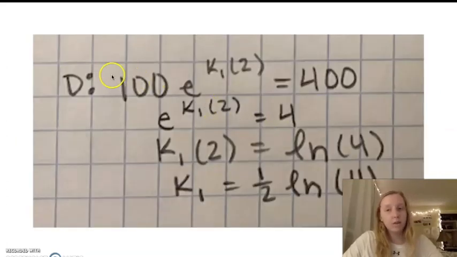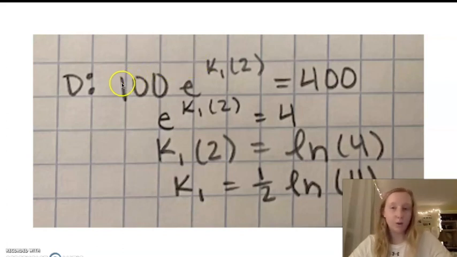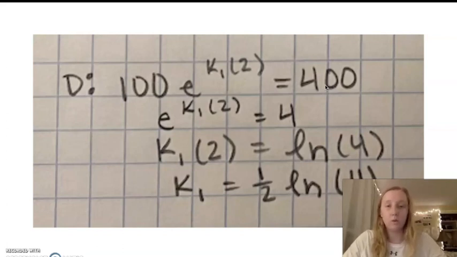First, we're going to start with the dogs. So all I did here was rewrite the equation. So 100e to the k1 times 2 equals 400. From here, we can solve this by first dividing by 100 from both sides. So we end up with e to the k1 times 2 equals 4.